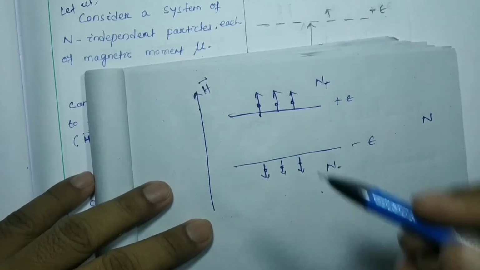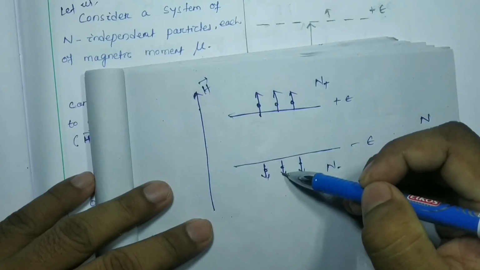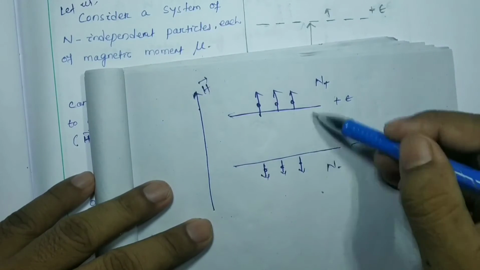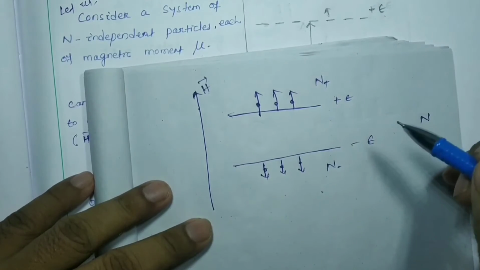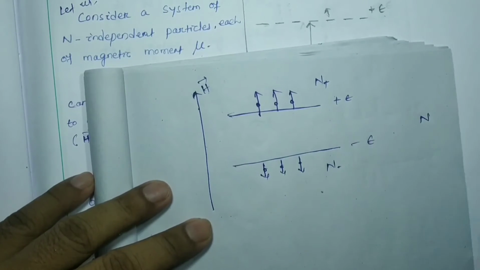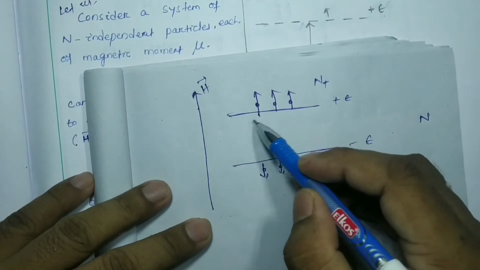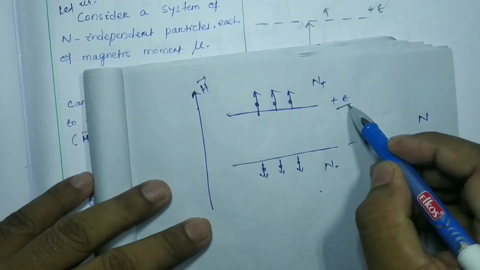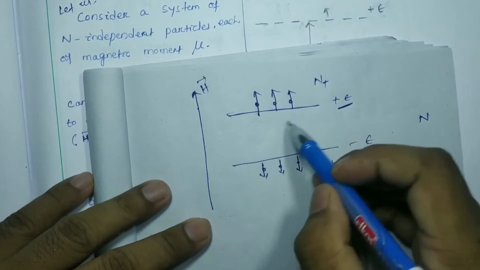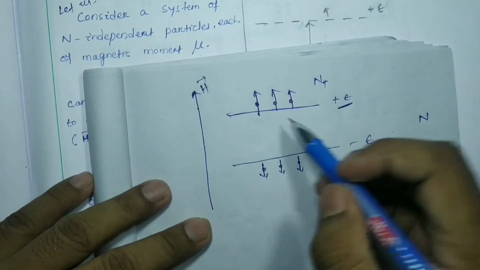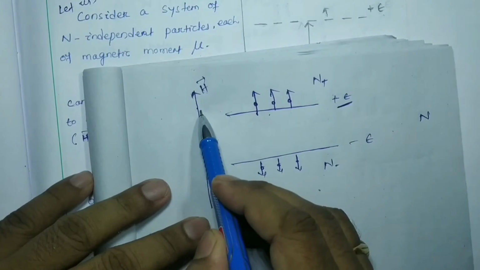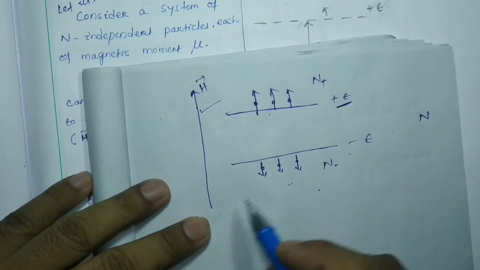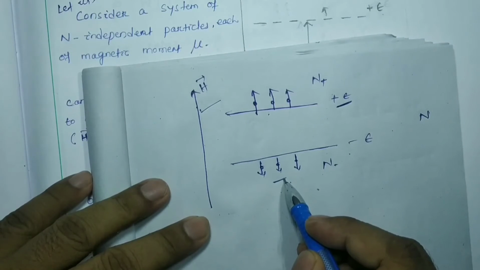So two orientations are possible, and only for that we can say it is a two energy level system, on the basis of orientation of magnetic moments. The particles in the plus epsilon state have magnetic moment orientation parallel to the applied magnetic field, and the state minus epsilon is anti-parallel to the applied magnetic field.